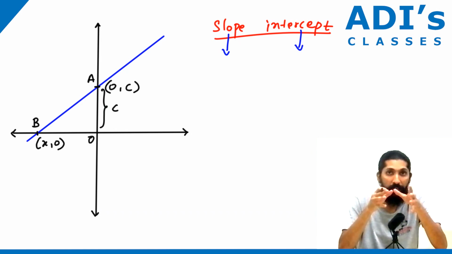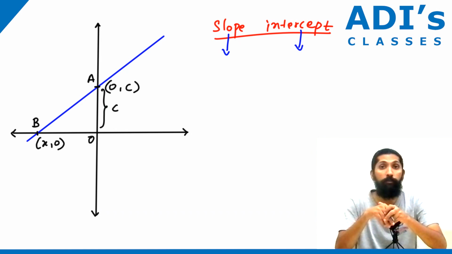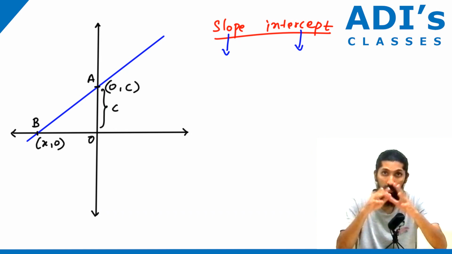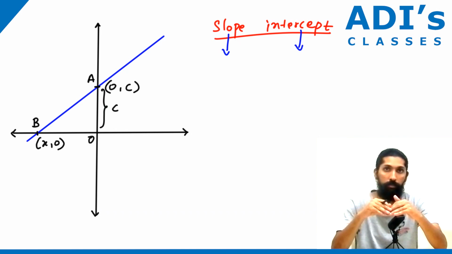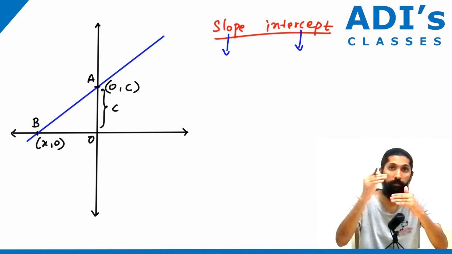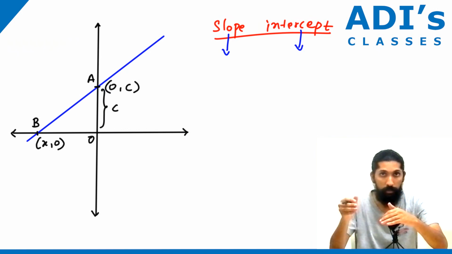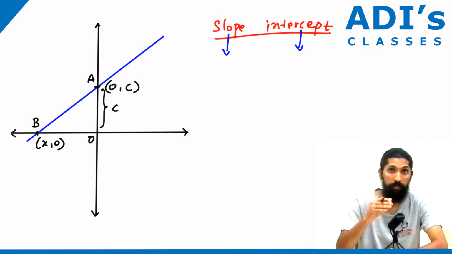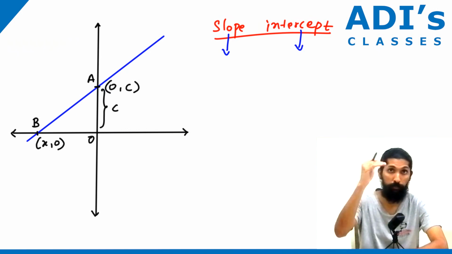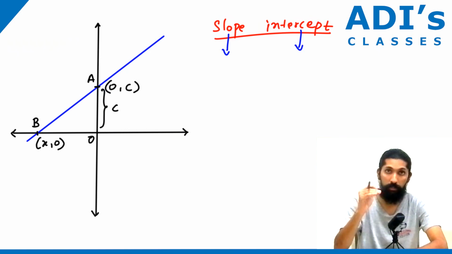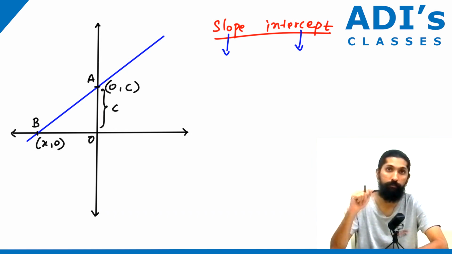That means the intercept gives you the position of the line in the coordinate plane, correct? If c is positive, you know it's above the origin. And if c is positive and the x-intercept is also positive, that means the line is somewhere in the first quadrant. Because c is positive, it's above, and the x-intercept is also positive, so it's to the right.